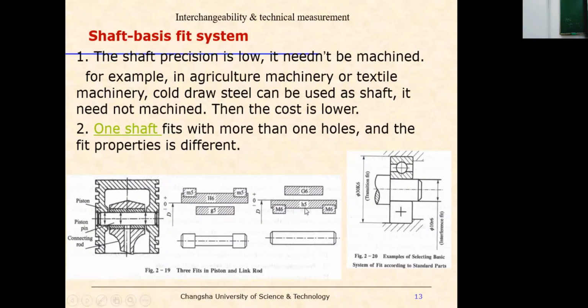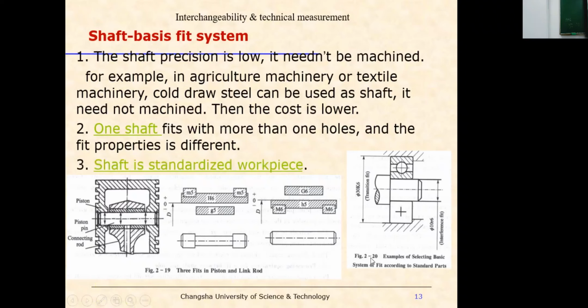But we make the shaft like this one, so we use the shaft basis. This is the shaft basis, and this is its grade. So this is easier to assemble. This shaft fits the three holes: one, two, three.